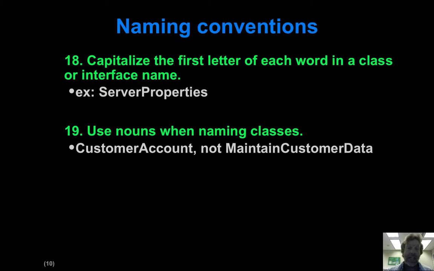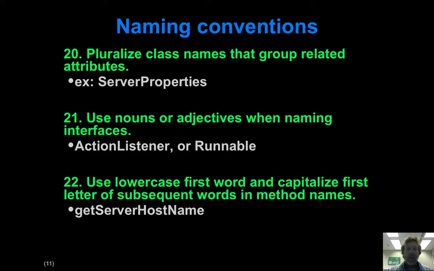When you're naming a class, it should be a noun. That builds off the general object-oriented design tradition. If you have a class that groups together related attributes, then pluralize it. Interfaces should be nouns or adjectives depending on what you're doing.